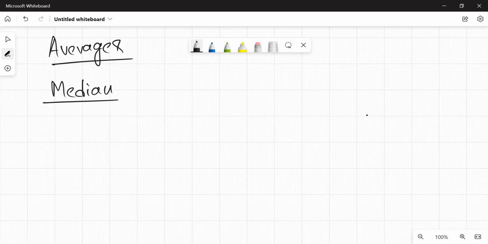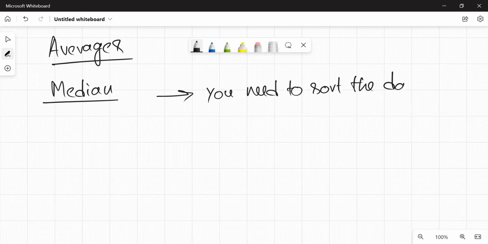In order to find a median, you need to follow some steps. The first step is you need to sort the data, either in ascending or in descending order.